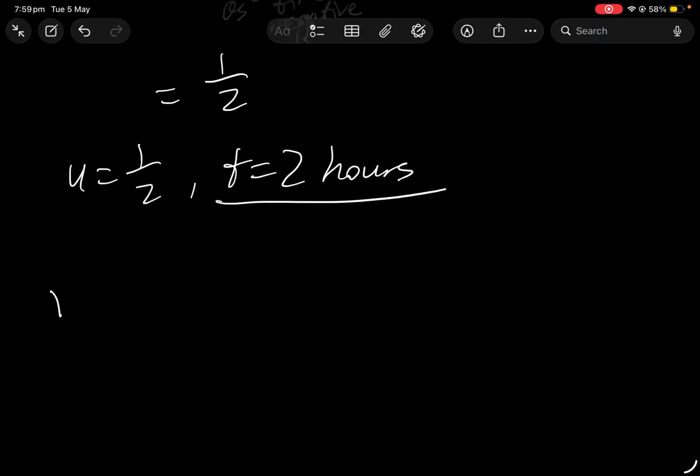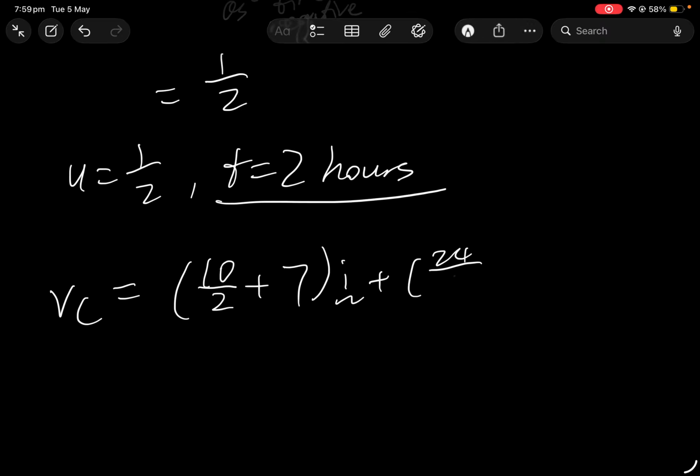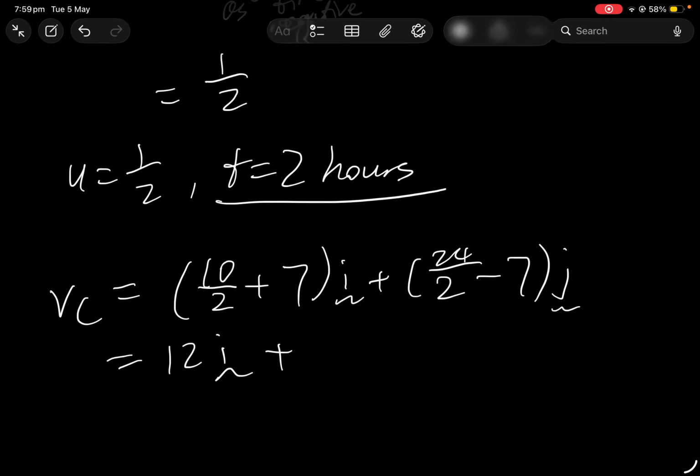We also have to find the velocity of the Coast Guard, v_C, which is just 10 over 2 plus 7 i plus 24 over 2 minus 7 j, which equals 12i plus 5j, which is the vector. That's it. Yep. Bye-bye.